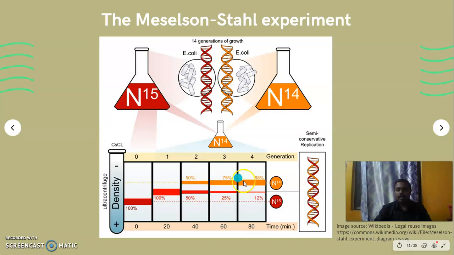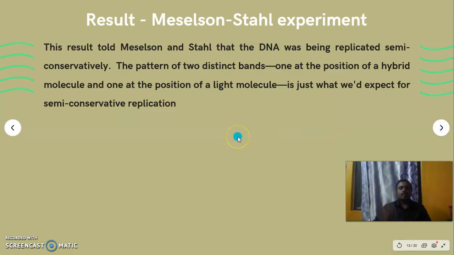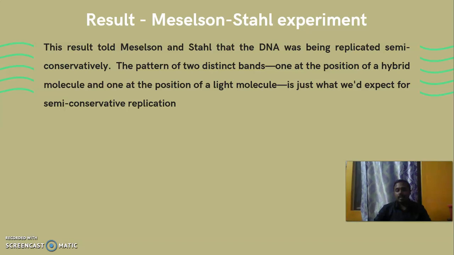Then in generation 3, 75% was from N14 and 25% was from the intermediate. This progression clearly showed that the newly formed strand after every replication step has N14 from the medium, and the other template strand comes from the parent. So this proved, for Meselson and Stahl, that DNA was being replicated in a semi-conservative manner.